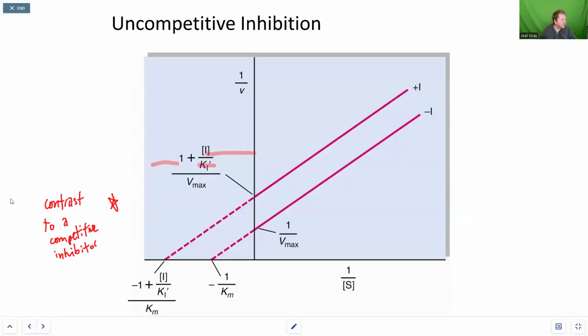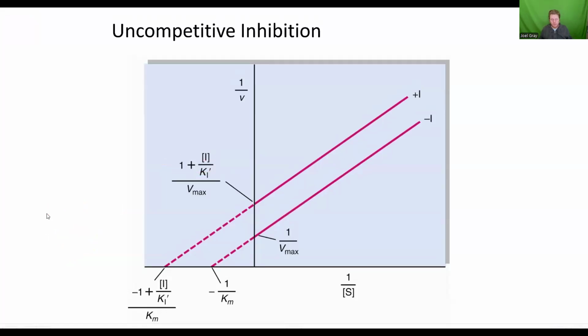Okay. Now, what does that ultimately look like on a graph with no inhibitor present and inhibitor present? What we see is a pair of parallel lines. The top line represents trials with the inhibitor present. These 2 lines basically run parallel to one another. If you were to increase the inhibitor concentration, you're going to get another line. So this would be plus, I'm going to say 2I, so 2 times the inhibitor concentration.